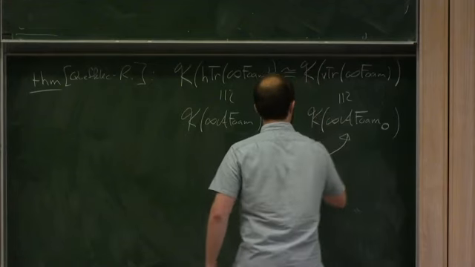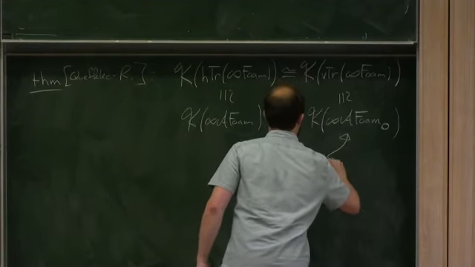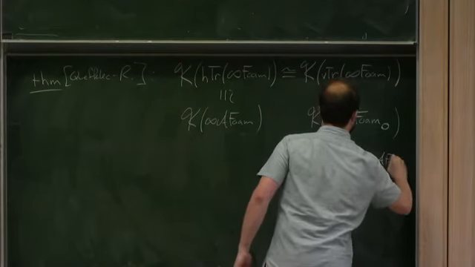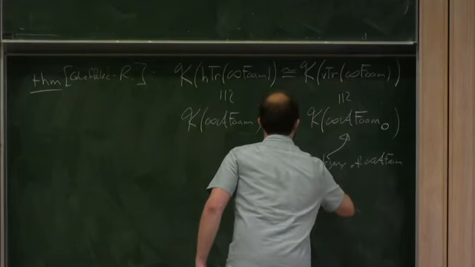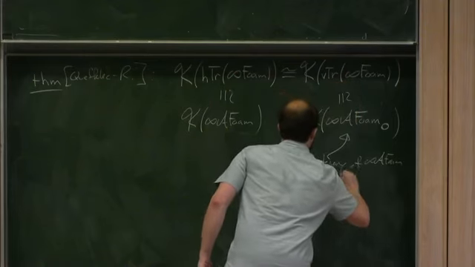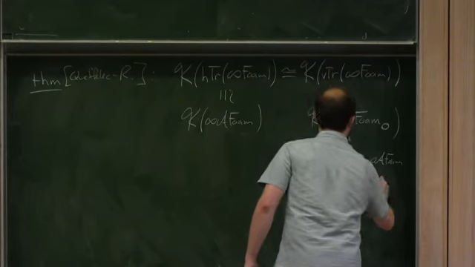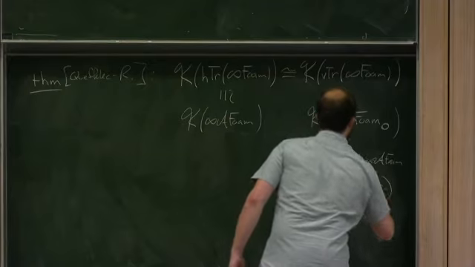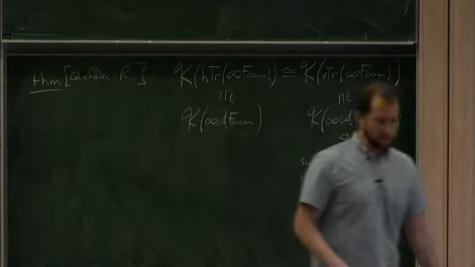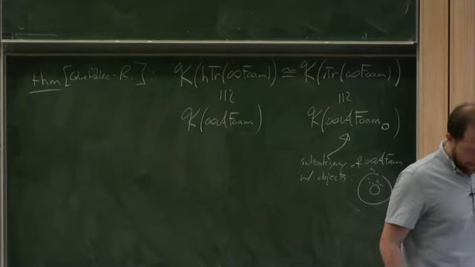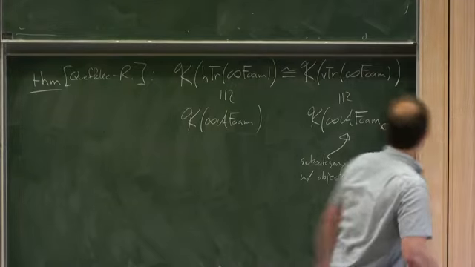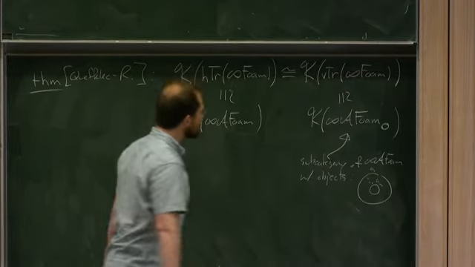So sitting inside here is a subcategory of these annular foams with objects just, again, labeled concentric circles, well, your direct sums of things and that sort of stuff. Okay, so I'm maybe being a bit imprecise here.